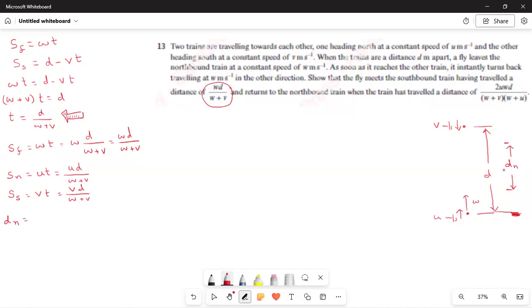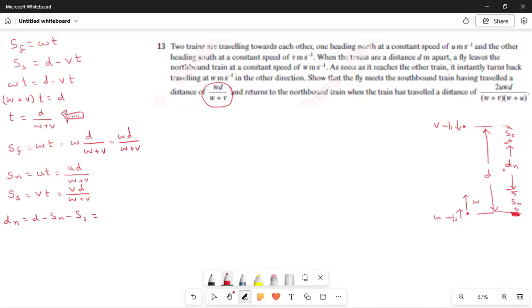The new distance is d minus Sn minus Ss. This is Sn, the distance traveled by the northbound train, and this is Ss, the distance traveled by the southbound train.